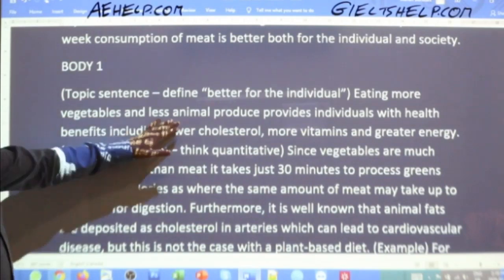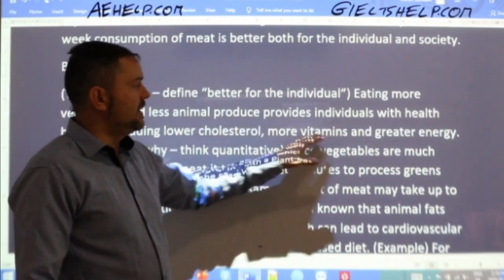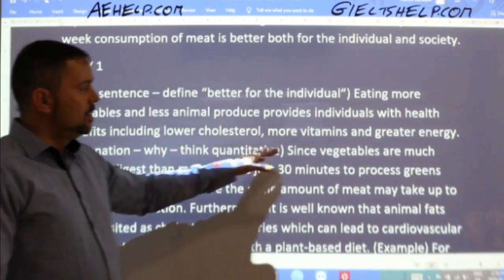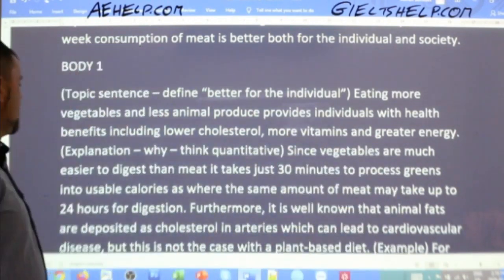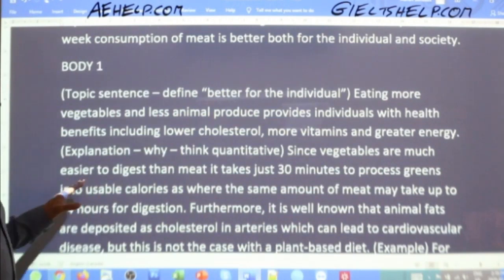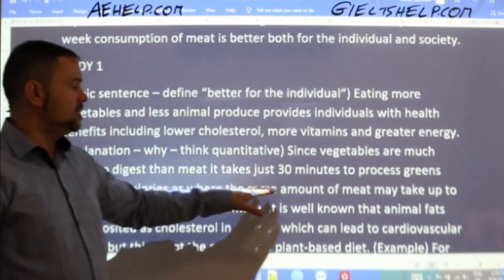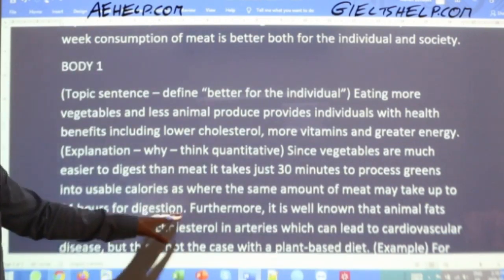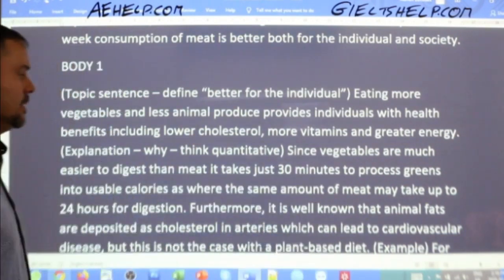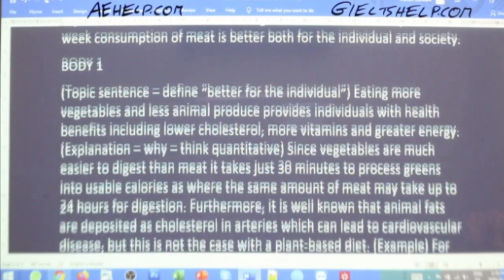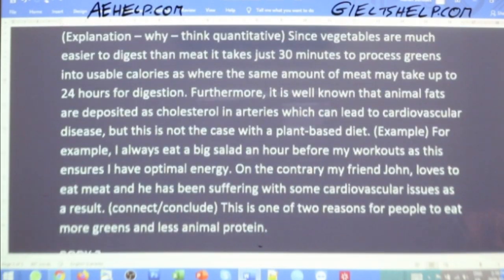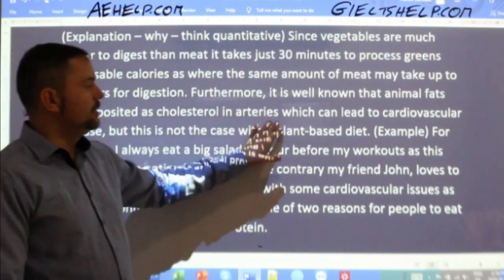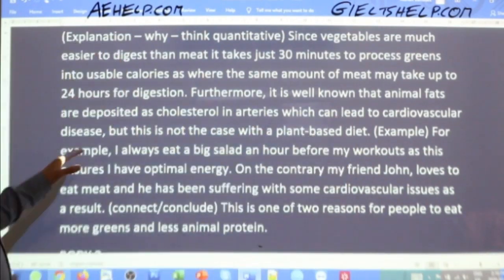Eating more vegetables and less animal produce provides individuals with health benefits including lower cholesterol, more vitamins, and greater energy. Since vegetables are much easier to digest than meat, it takes just 30 minutes to process greens into usable calories, whereas the same amount of meat may take up to 24 hours for digestion. Furthermore, it is well known that animal fats are deposited as cholesterol in arteries, which can lead to cardiovascular disease.